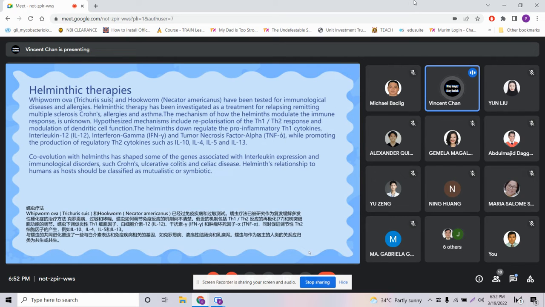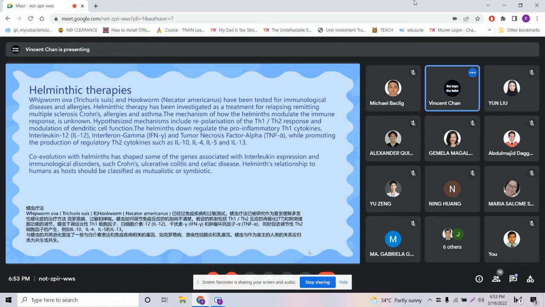The hypothesized mechanisms include repolarization of the Th1 and Th2 response, and the modulation of dendritic cell function.